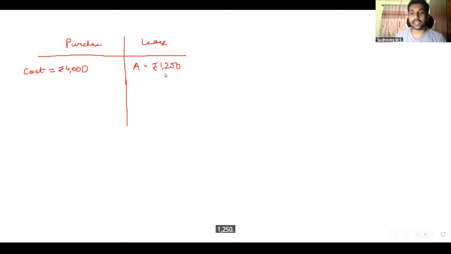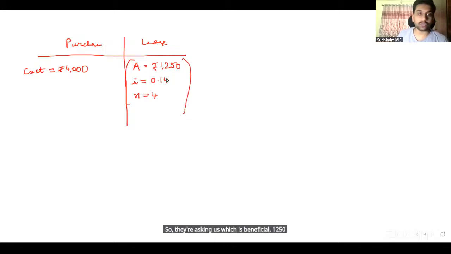Can I consider it as an annuity? Yes. And the rate of interest is 14%, and this is for 4 years. So they're asking us which is beneficial. 1,250 into 4 is 5,000 rupees. Looking at that, purchase becomes beneficial.